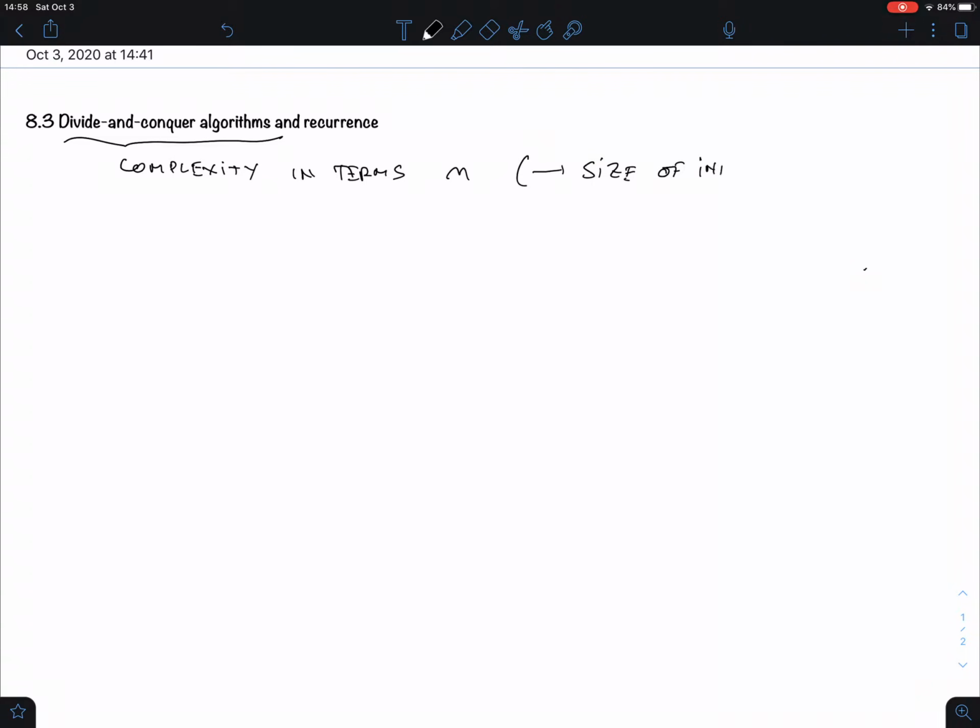I'm a bit imprecise here, we will see when we see examples what we meant here. So n is the size of the input, and what the divide and conquer does is, okay, I'm going to subdivide my input into smaller groups of same length, or almost the same length.